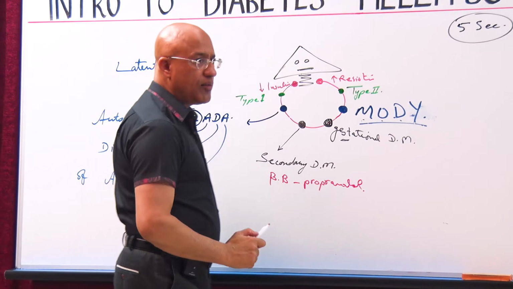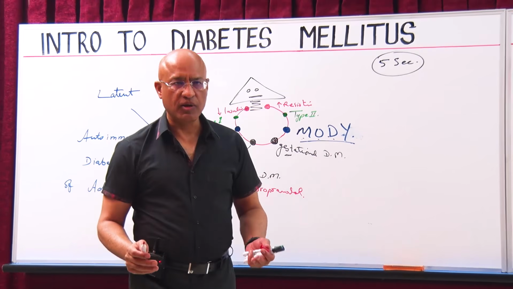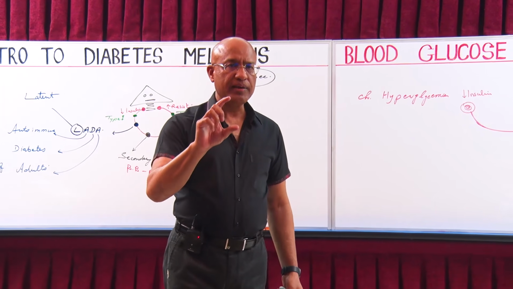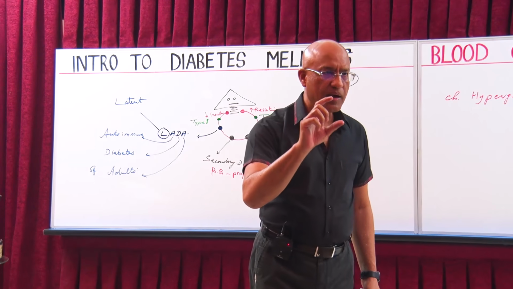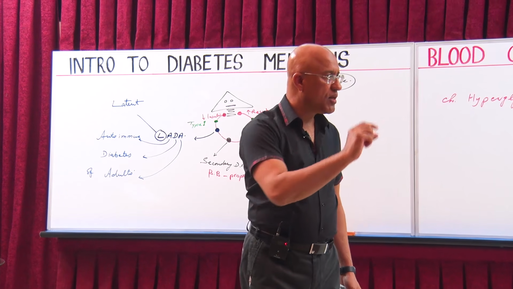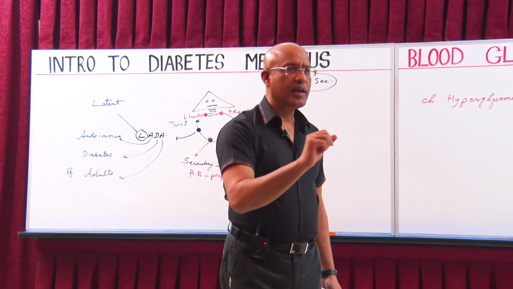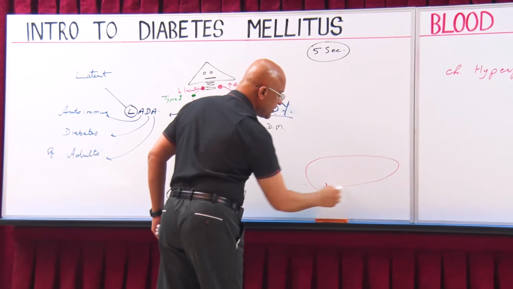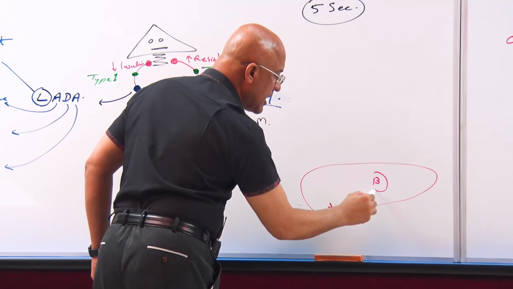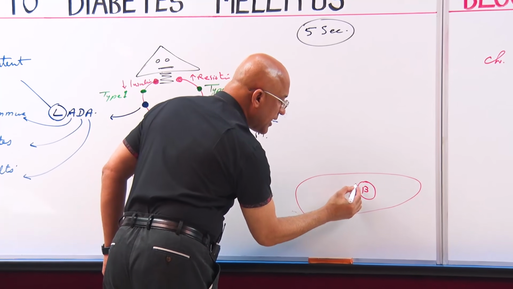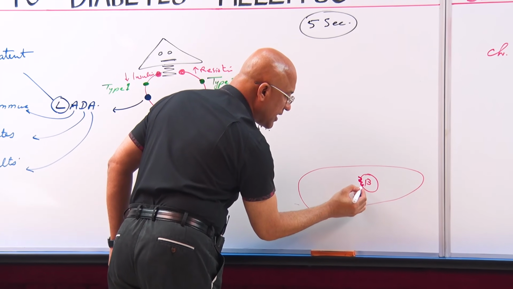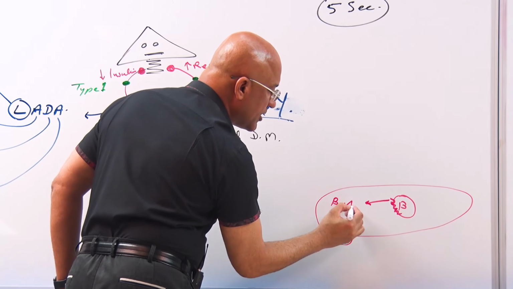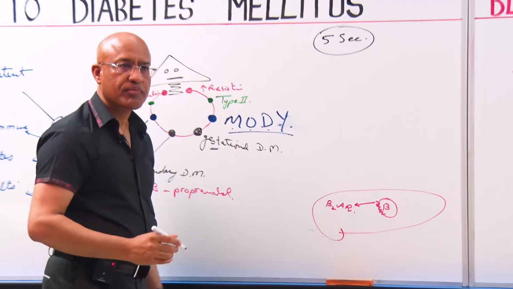Now, propranolol basically blocks beta receptors, right? And on the pancreas, in the islet of Langerhans, on the beta cells, there are beta 2 receptors. This is the pancreas, here is your beta cell, and on the beta cell there is a 7-pass receptor. This receptor is basically the beta 2 adrenergic receptor.